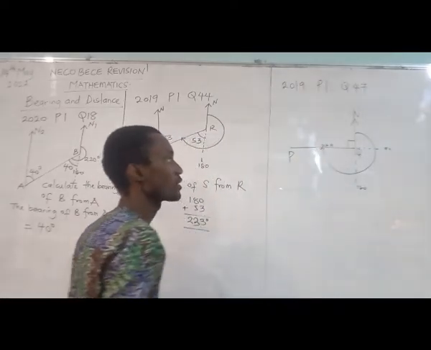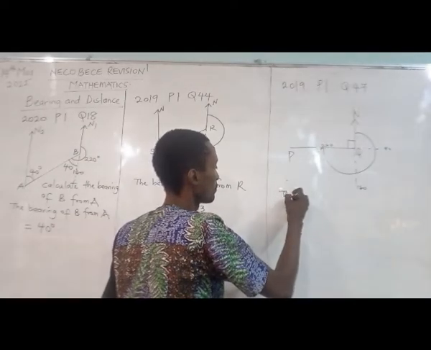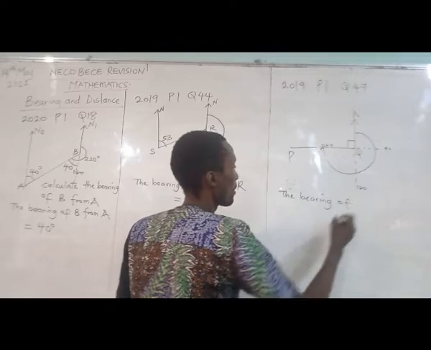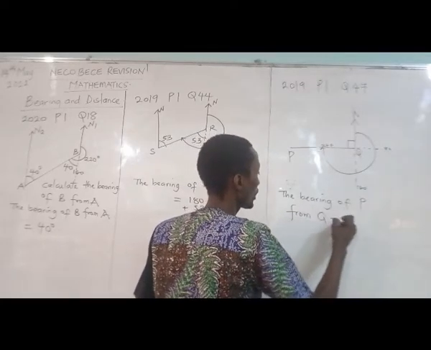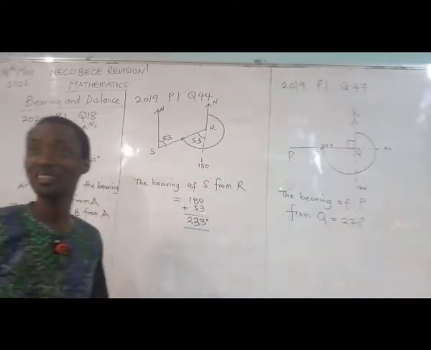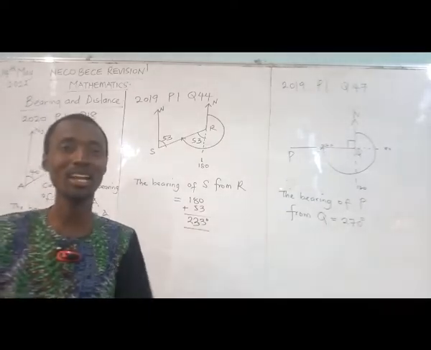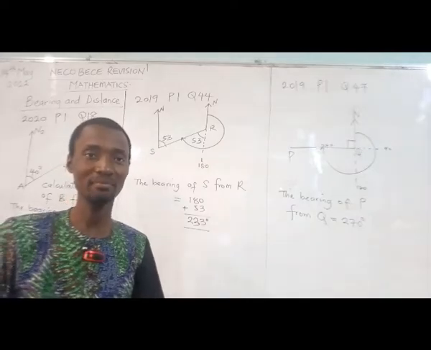So the bearing of P from Q is 270 degrees. That's it. So you see that this question, if you know what to do, in less than 1 minute, you are cleared. 1 minute max, you're cleared with them.